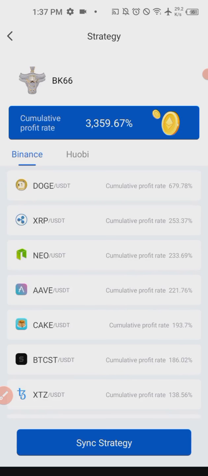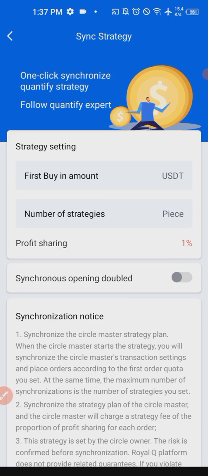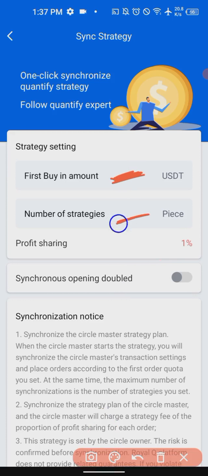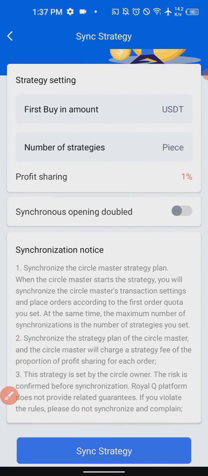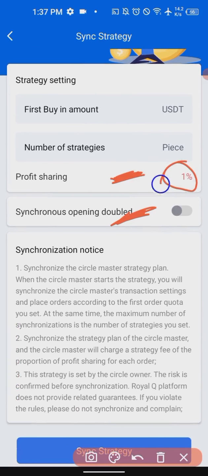So once you click on sync strategy, what happens is you now type in the amount of dollars you want to use as your initial buy amount and how many coins you want to put, as in how many strategies you want to sync. But there's also a caveat here. Whenever you use that strategy, also know this. Whenever you make a profit, the Crypto Bull takes 1%.